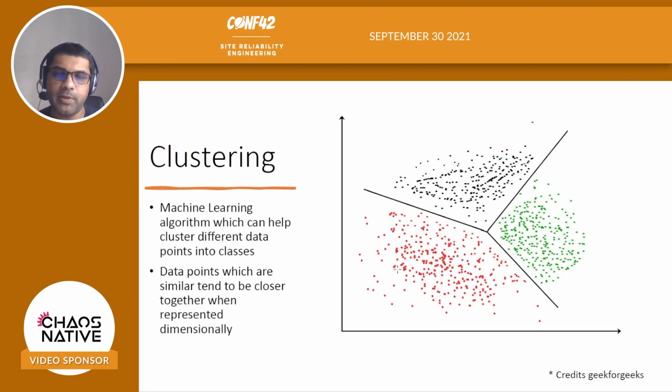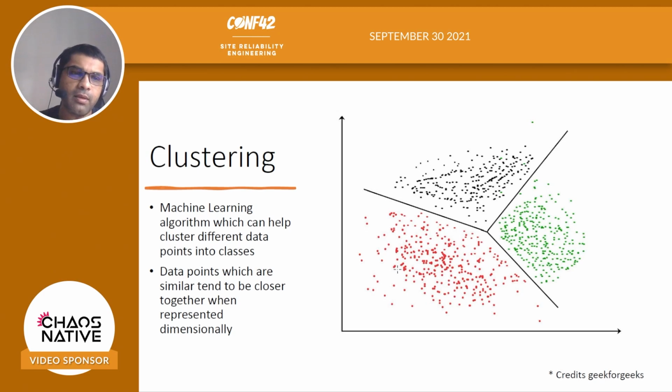For example, in this particular figure, you have a lot of data points, and the color of the data points tells us the type of data point. If you want to maintain a fine line between all these three different types of clusters, this grouping of different data points into clusters is called clustering, right? It's an algorithm that can help cluster different data points into classes.